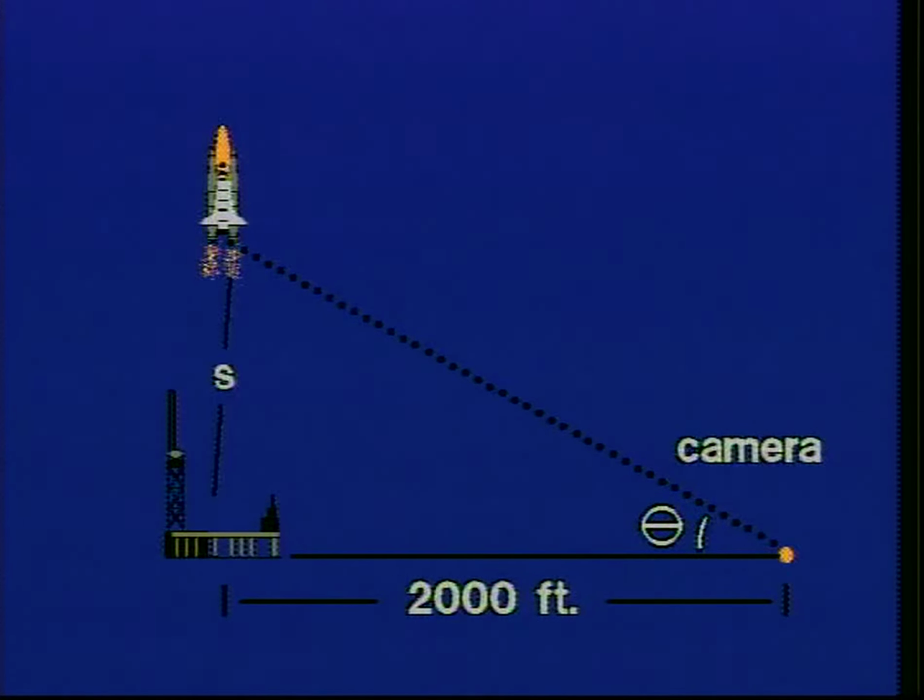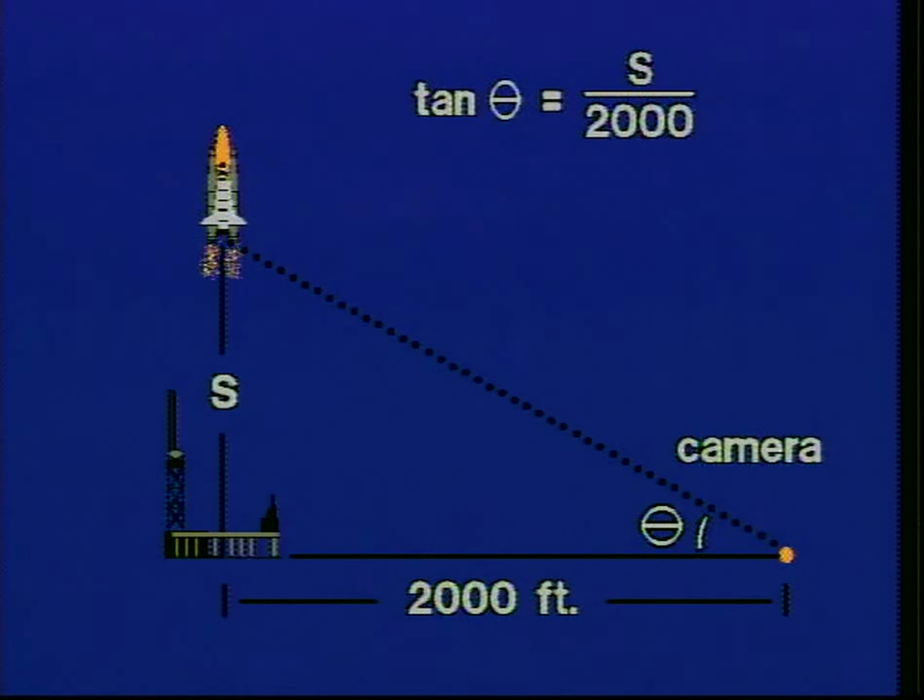Now we know that the position of the shuttle is defined by an S, and we have an equation for making the calculation of S. Since we're in a right triangle configuration, we have an angle involved, and we have information about the opposite side and the adjacent side, so we're talking about tangent. Tangent theta then is S over 2,000.